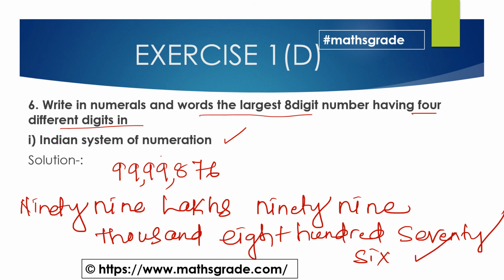This is the Indian system of numeration of this largest 8-digit number having 4 different digits: 99 lakhs 99,876.